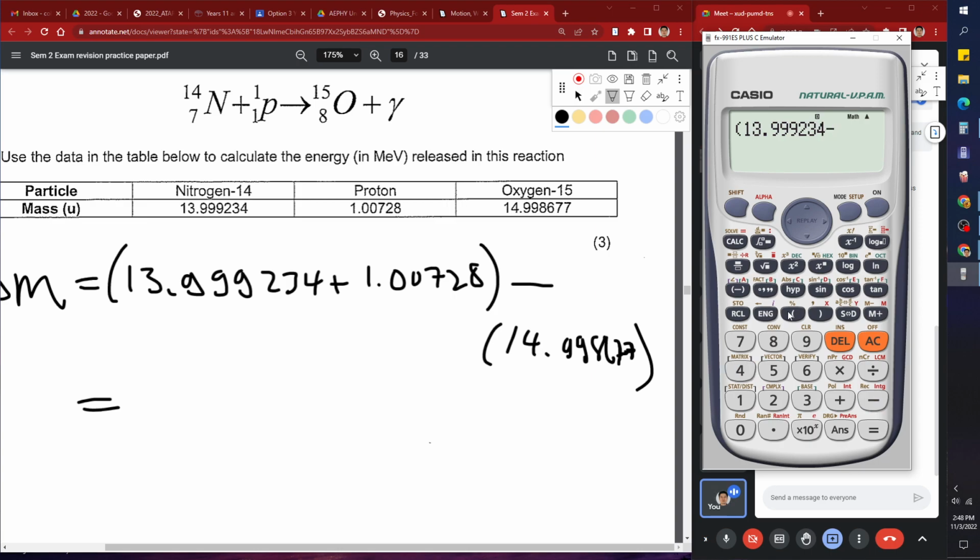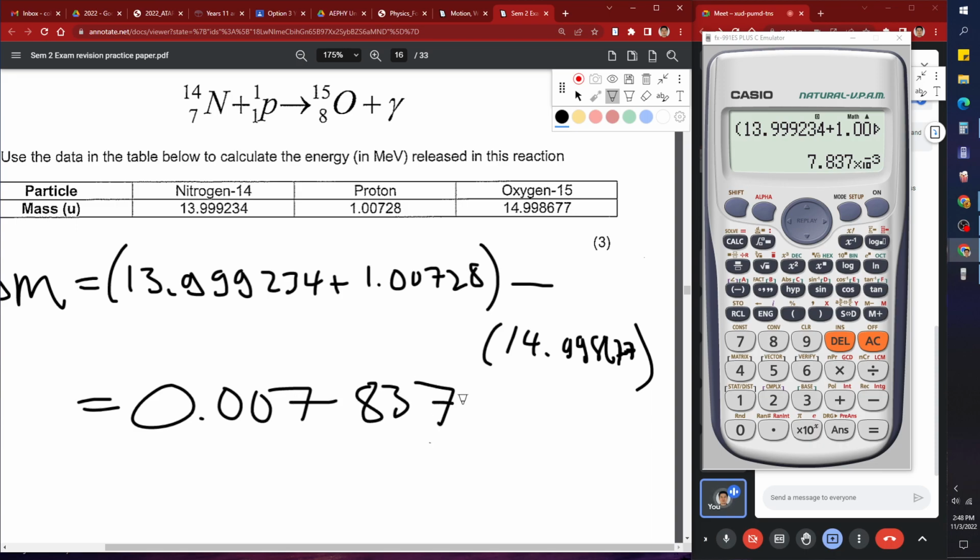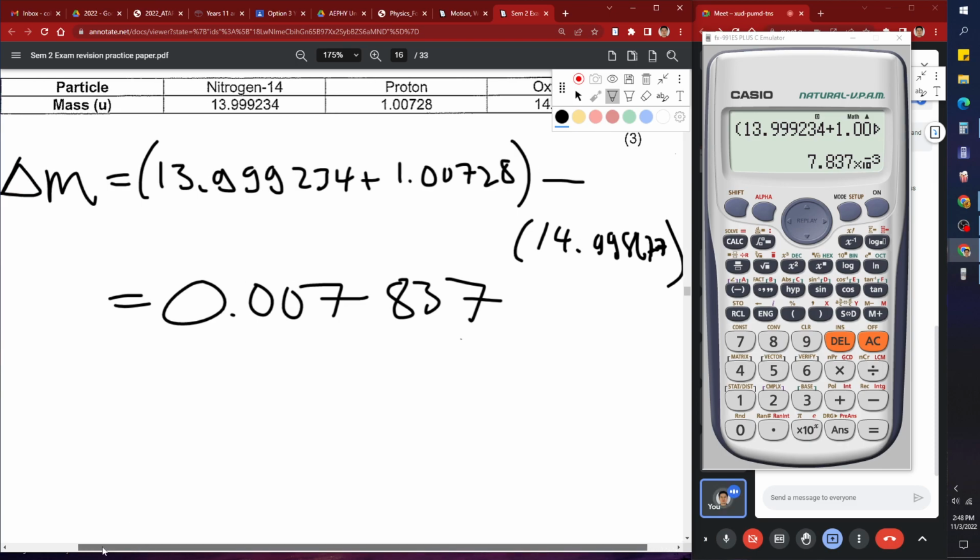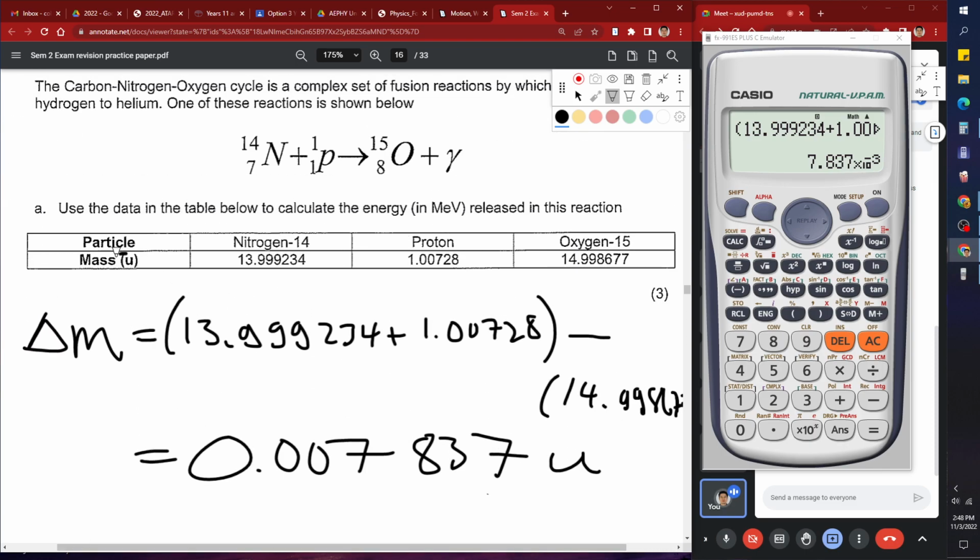Oops, I didn't add that, I should have. So it's going to be -3, so it'll be 0.00787. You could just put that in the calculator. So there it is, the mass difference in atomic mass units.